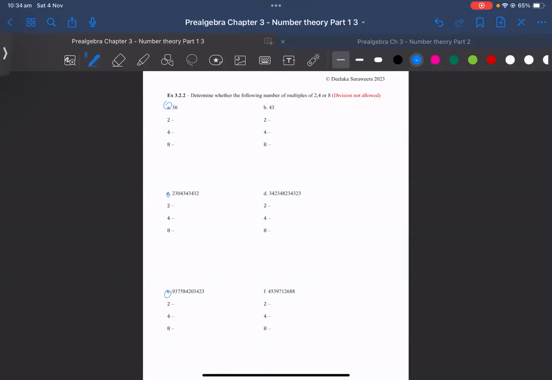And sorry, when I say division is not allowed, I mean you can't divide the big number.